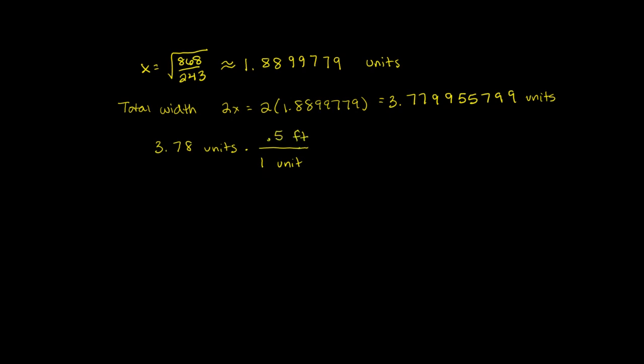I want to just leave it in feet instead of doing the inches like I did before. So that's 3.78 times 0.5. That's basically going to undo our multiplying by 2. And so the width is about 1.89 feet rounded. And that is the second answer. That is the answer to part B.